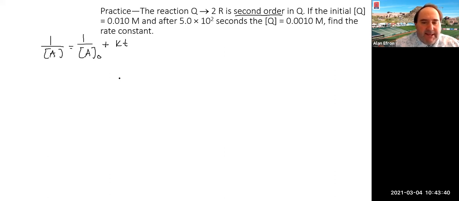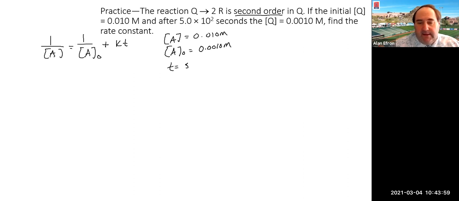In this case, we are given our initial concentration, which is 0.01. We're given our final concentration, which is 0.001. And we do have our time, which is 500 seconds. At this point, we have pretty much everything we need to put in here.